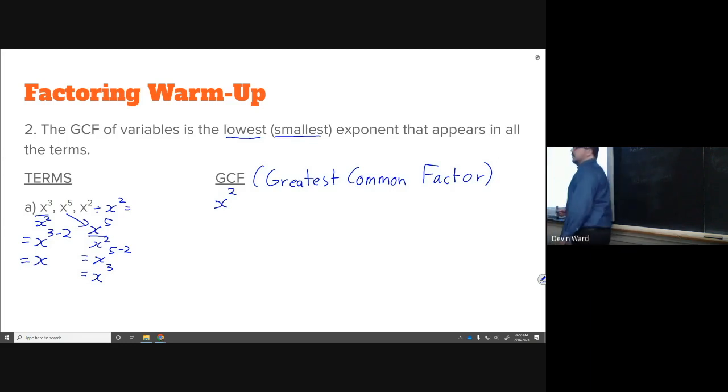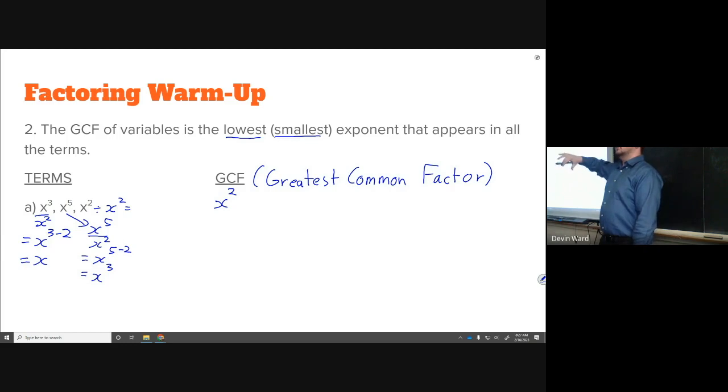If I did x squared divided by x squared, it's just whatever it is divided by itself. So anything divided by itself is always 1.